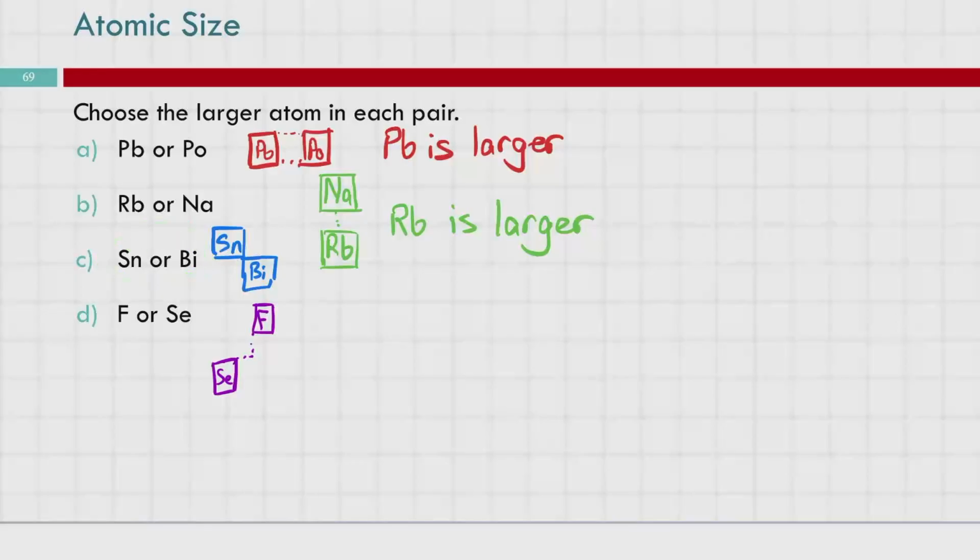All right, now we've got 2 trends going on at once. Tin or bismuth, which one is larger? So think about left, right, which one's larger? Think about top down, which one is larger? If we're thinking about left, right, tin is larger.